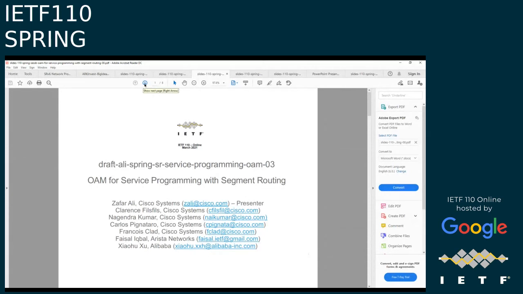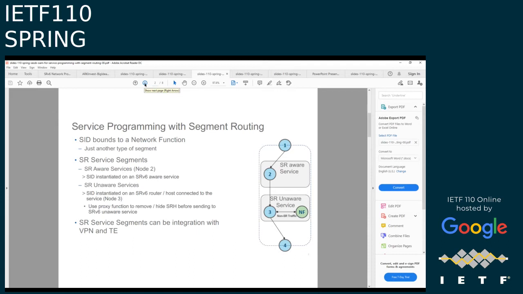So I'm going to present the SRv6 or SR Service Programming OAM draft on behalf of my co-authors. Next slide, please. So this is a problem statement for the service programming and associated OAM for SR service programming.